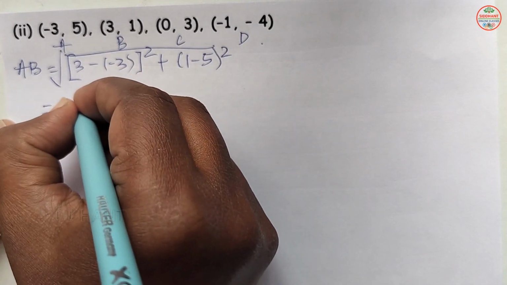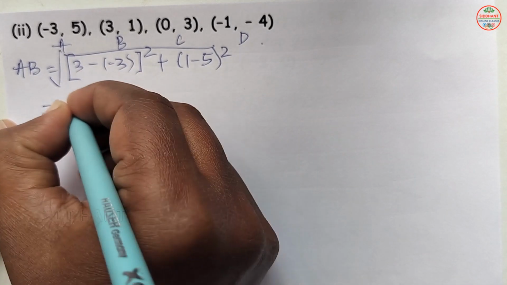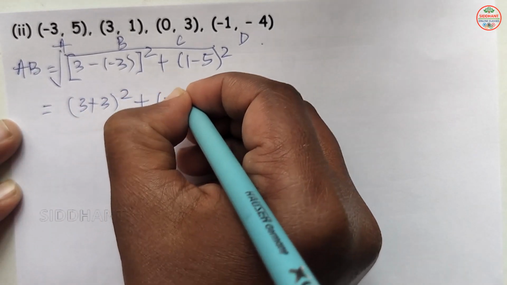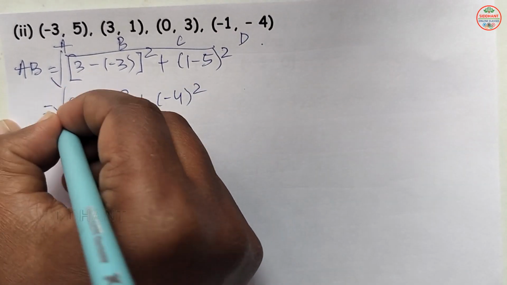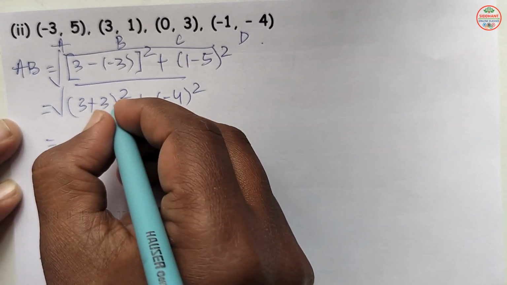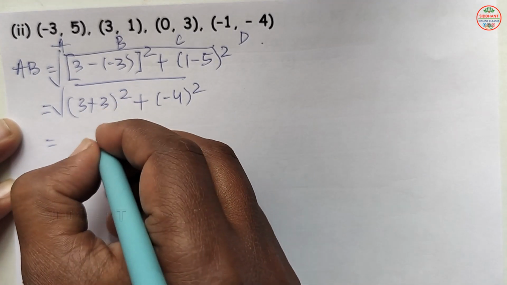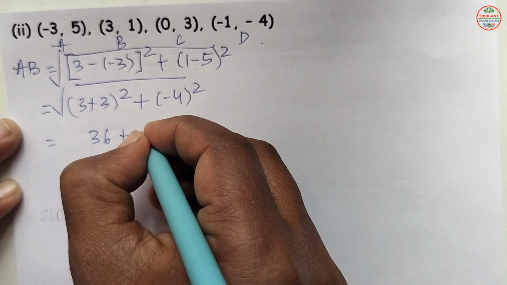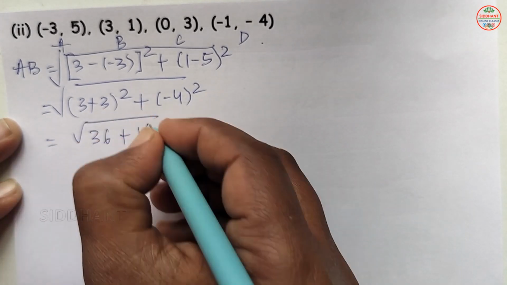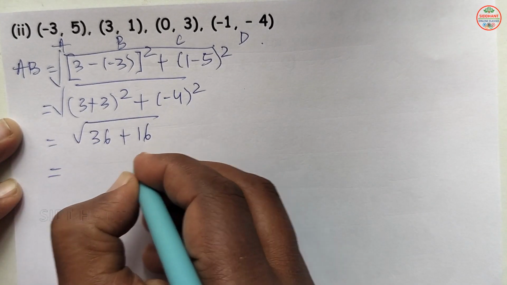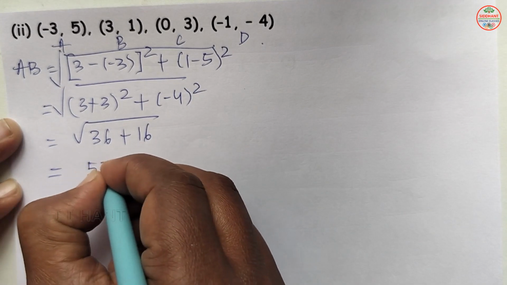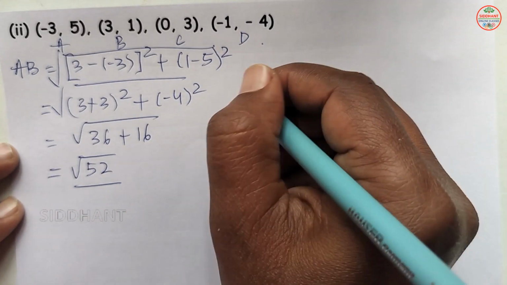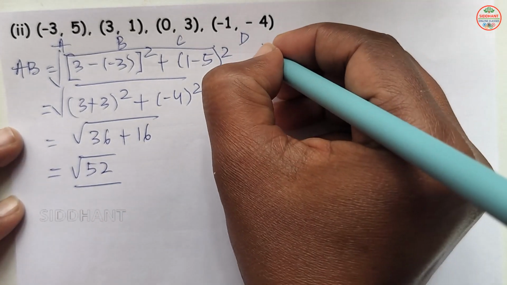So 3 plus 3, 6 whole square, plus minus 4 whole square. 6 square will be 36 plus 4 square will be 16. So that will be 36 plus 16, which is 52. So AB is square root 52.